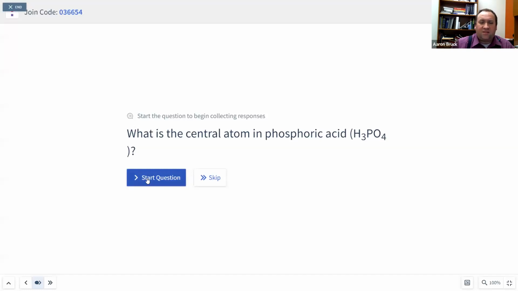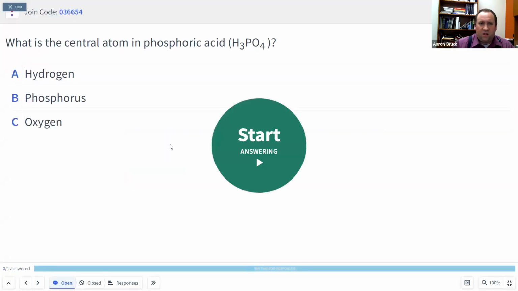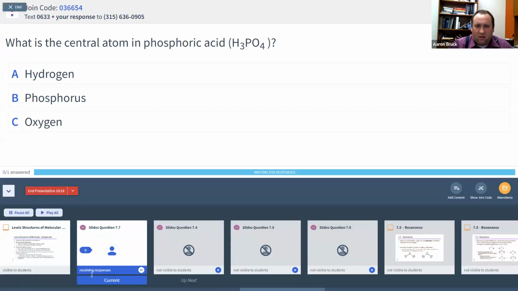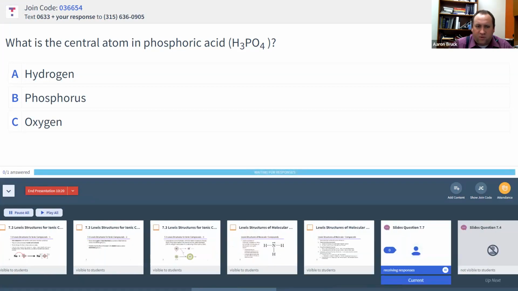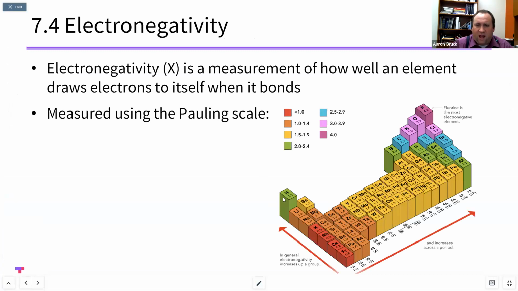But we can go ahead and answer questions like this. This particular question asks, what is the central atom in phosphoric acid? Well, if I look at my Pauling electronegativity scale, which we covered in our last class, I'm looking at hydrogen compared to phosphorus compared to oxygen.